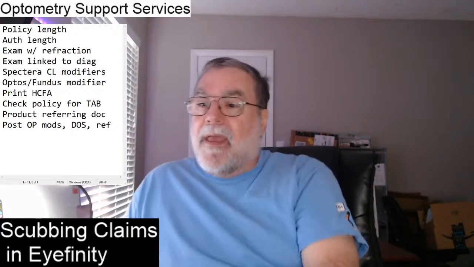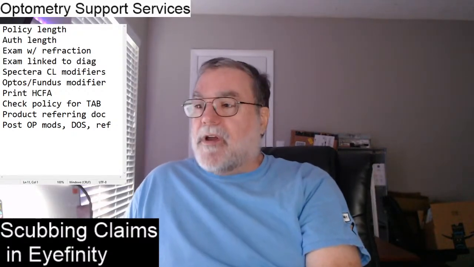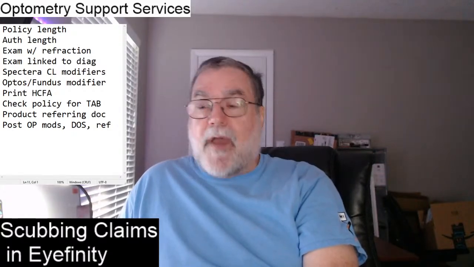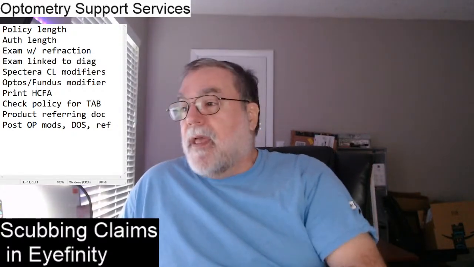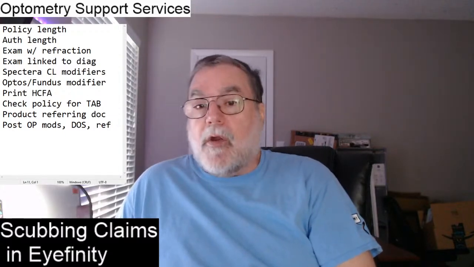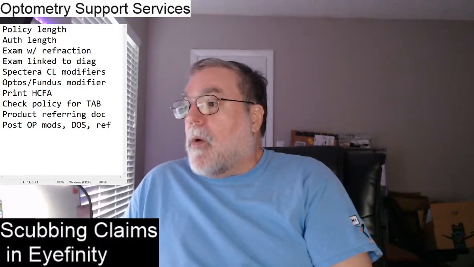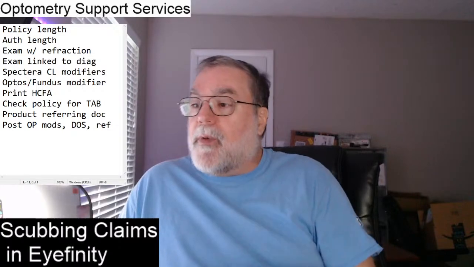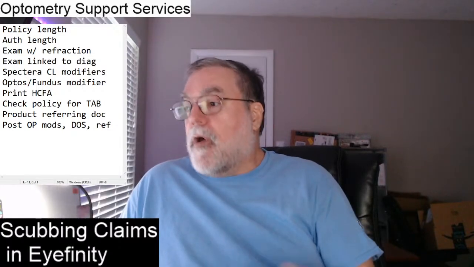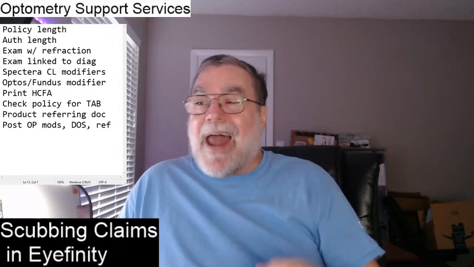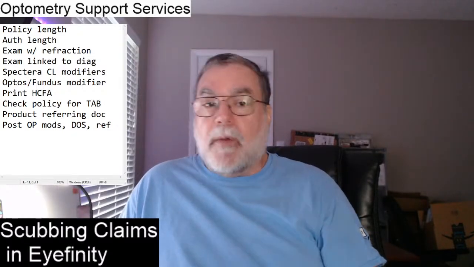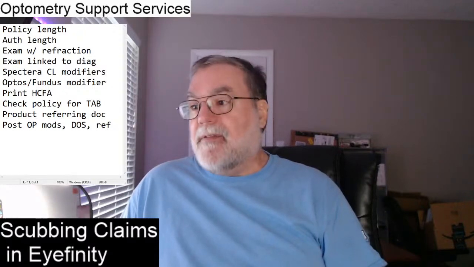Gotcha. So that's kind of my approach. If you're not using TriZetto for the electronic, then I assume you're doing it all on paper. And again, different approaches to that. As I go through each claim, I'm marking them ready to bill, and I'm actually printing the HCFA right then and there, so it moves to the billed status.